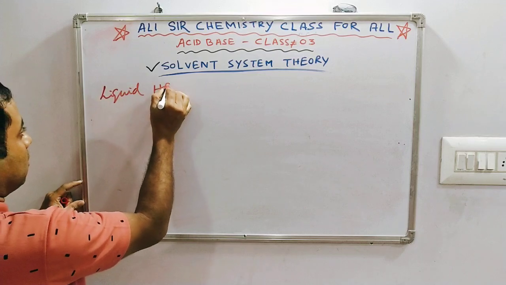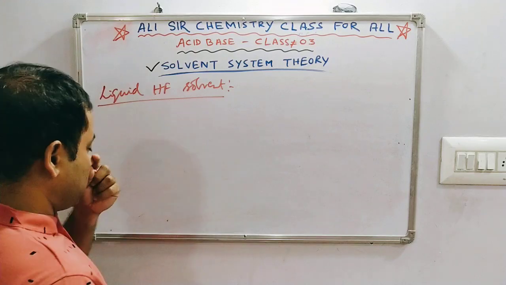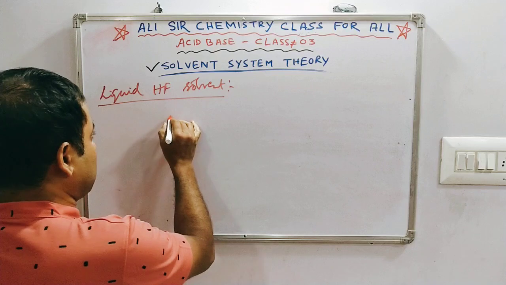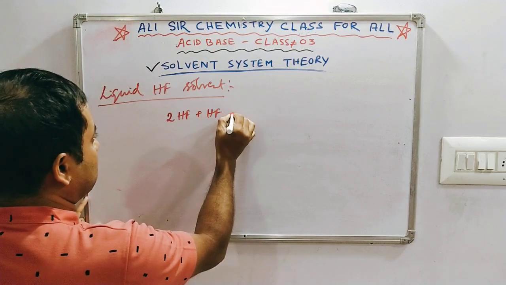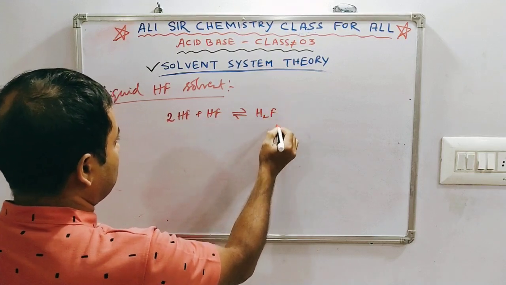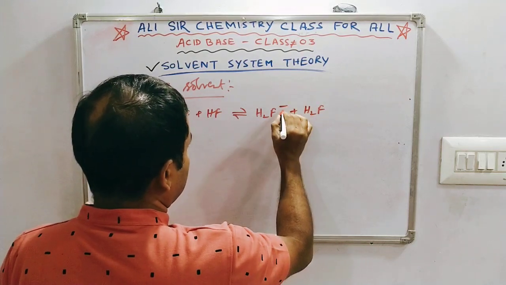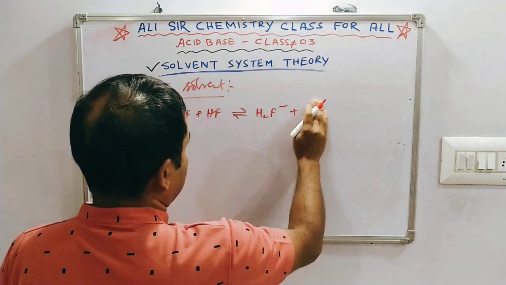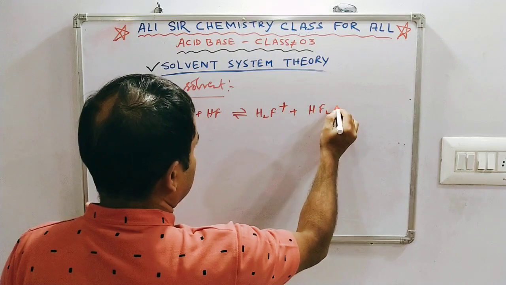Liquid HF, liquid hydrogen fluoride. Liquid hydrogen fluoride is a very important class of solvent. It will be ionized like this: H2F plus and HF2 minus.